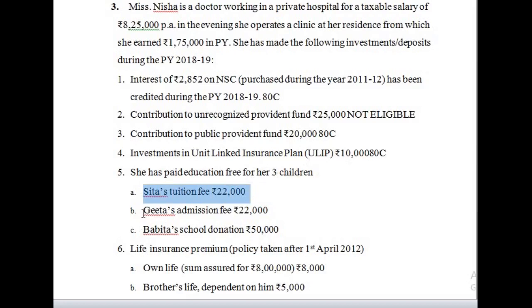So she cannot claim deduction for admission fees and school donations. She can claim only tuition fees for deductions under section 80C. So these 2 expenses are not to be allowed as deductions. Only tuition fees must be taken, 22,000.